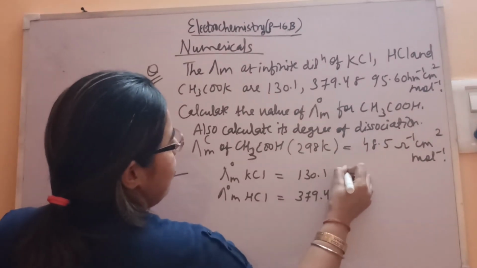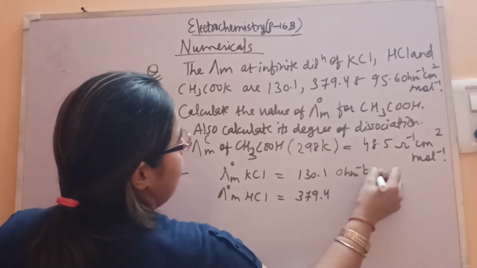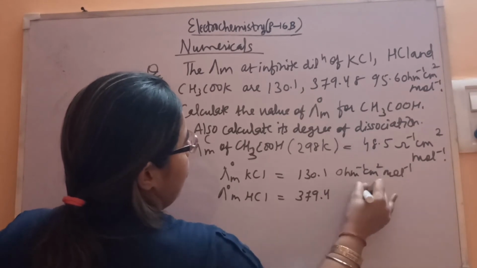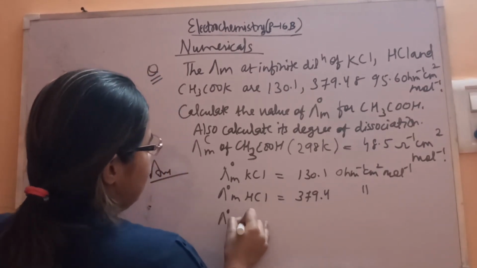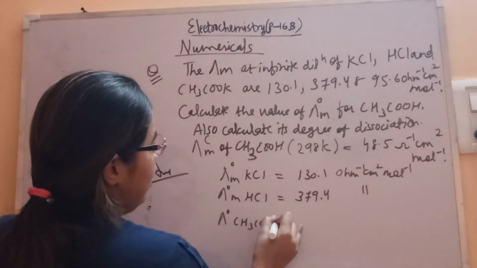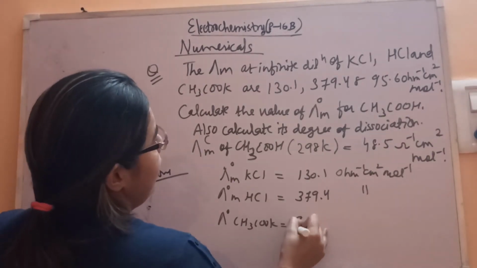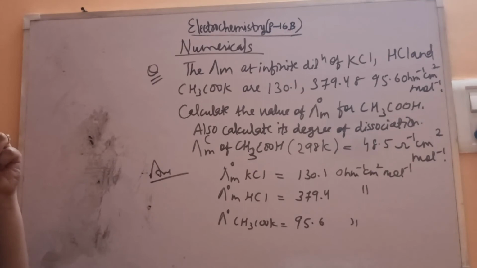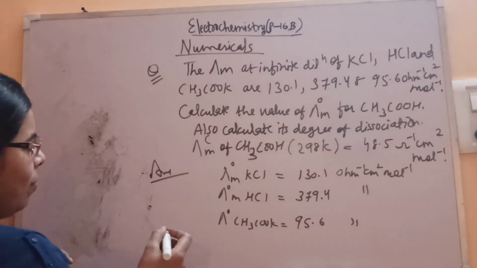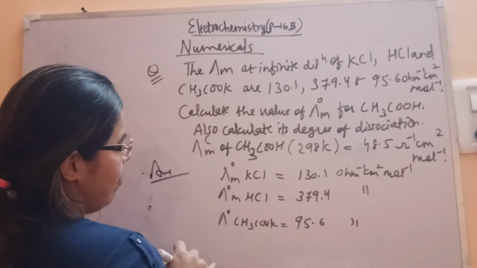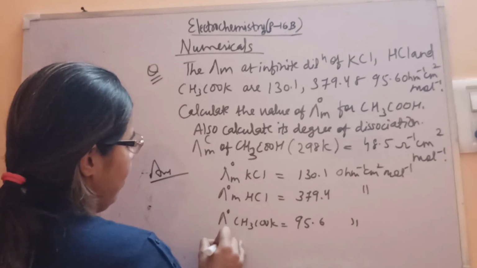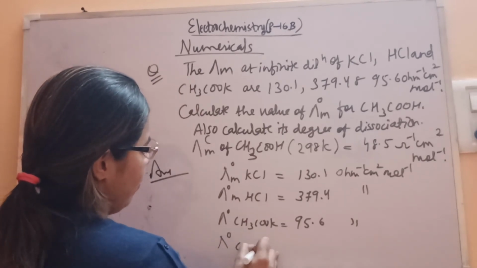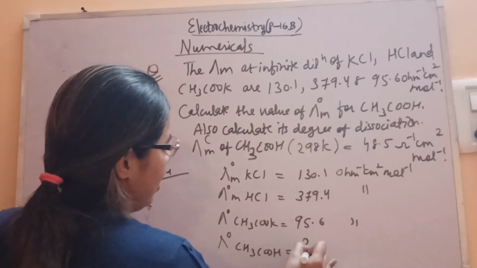Unit is same, ohm inverse centimeter square per mole. Then for potassium acetate is given 95.6. So we have to do that only. Whatever we need we have to add, and whatever we don't require, we need to subtract. So this we have to calculate.